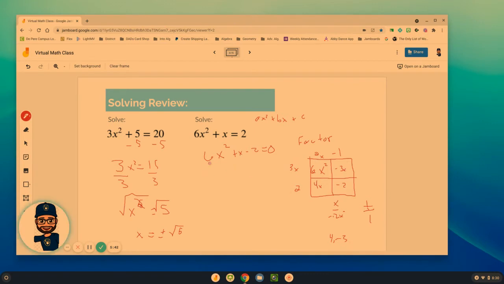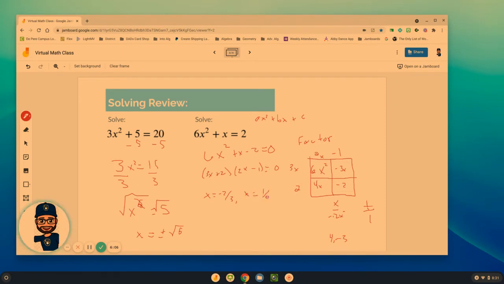And so we have those two factors: 3x plus 2 times 2x minus 1 equals 0. And those were our factors. Then we set each factor equal to 0, so that here we would get x equals negative 2/3, and over here, x would equal positive 1/2.